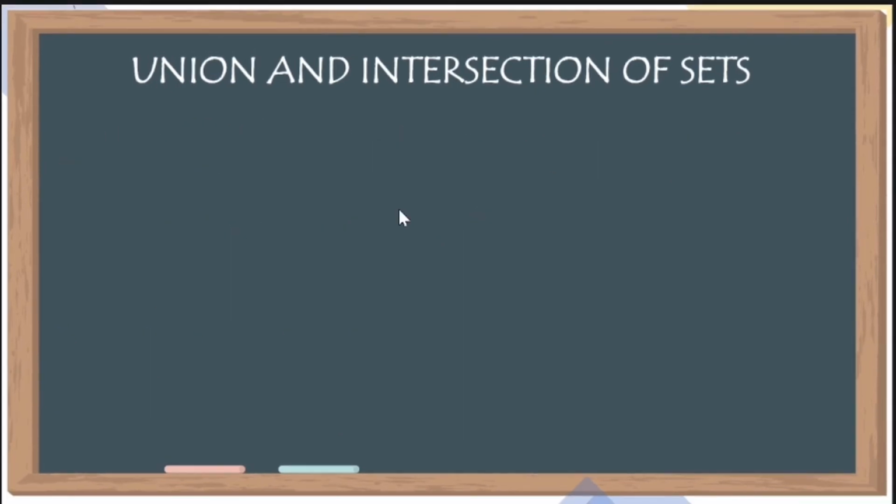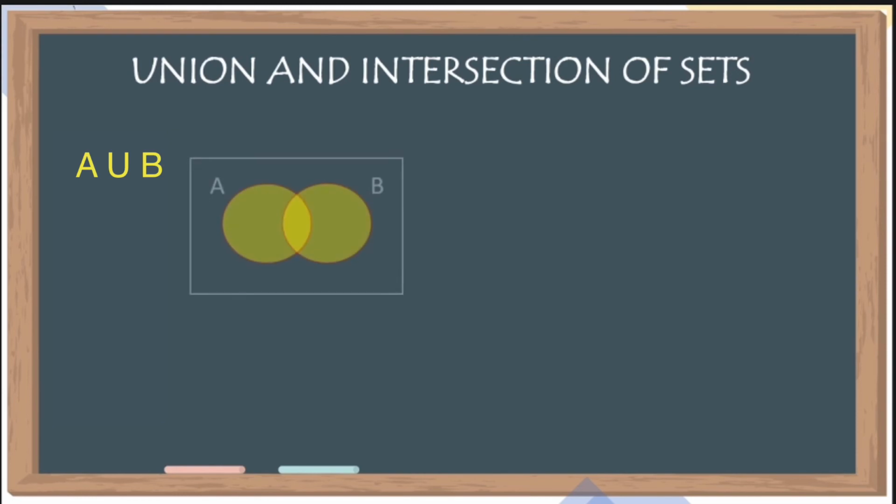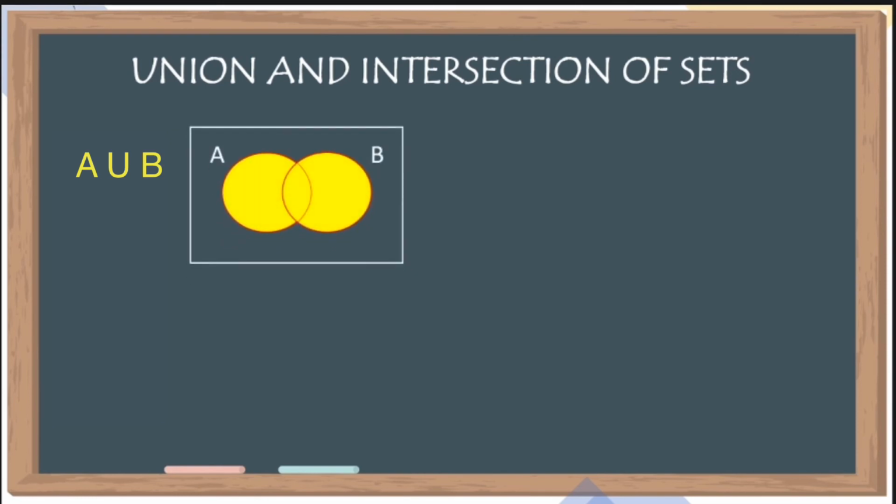Ngayon, ang pinapahanap sa atin o pinapagawa sa atin is to illustrate ang drawing ng set A and B. Okay? Let's say, for example, we're going to illustrate yung union ng set A and set B. So, this is how to draw or illustrate union of set A and B. Kung mapapansin nyo, yung ating shapes are dalawang circles.